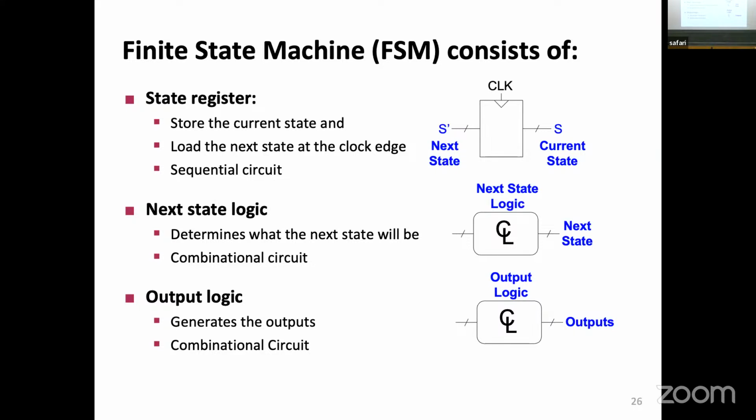For example, the output logic will be driving the signals of these multiplexers or external control signals to say, hey, I'm in this state, explode the bomb, initiate takeoff, something like that. The output logic will drive the outputs, which are things connected to your circuit. The next state logic is going to determine what state you are in. It's the internal state being moved to another state.